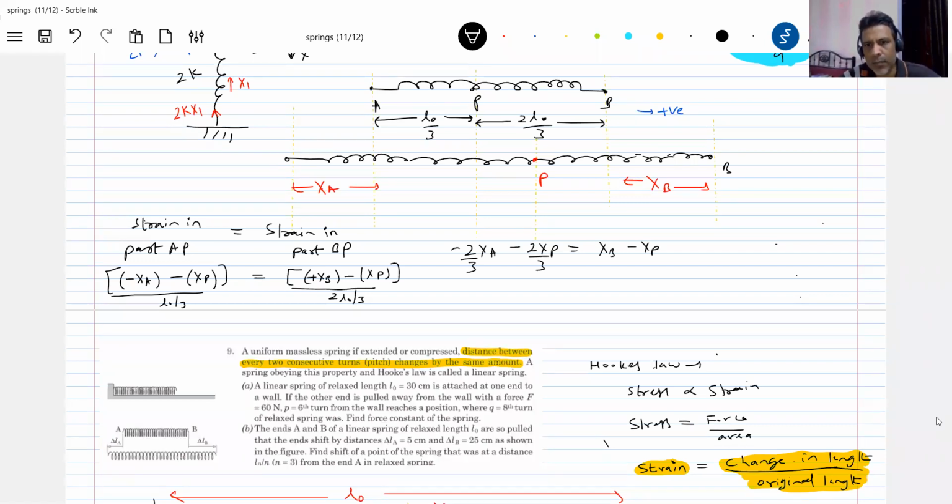So this will become XB plus 2XA by 3 should be equal to 2 by 3, 1 plus 1 minus 2 by 3. So XP by 3 will come. Just substitute this value. So therefore, what is XP equal to? XP should be equal to 3XB plus 2XA.